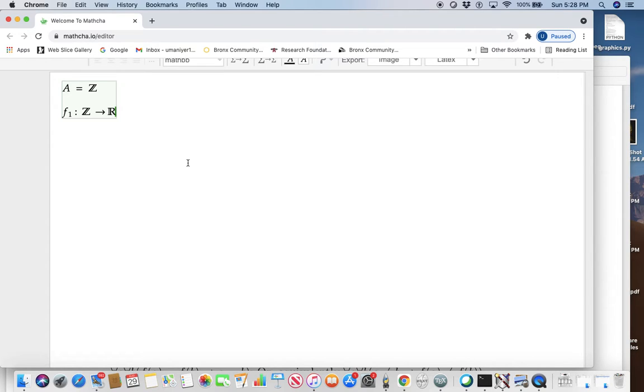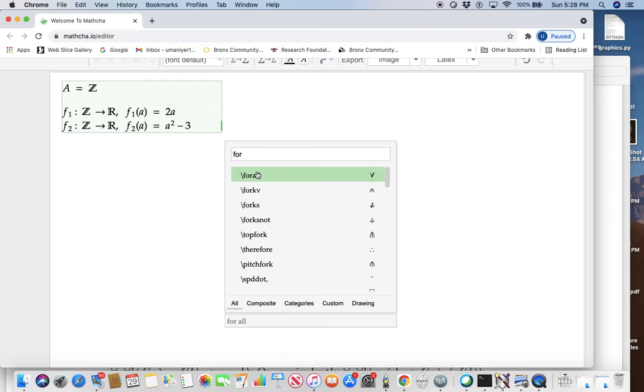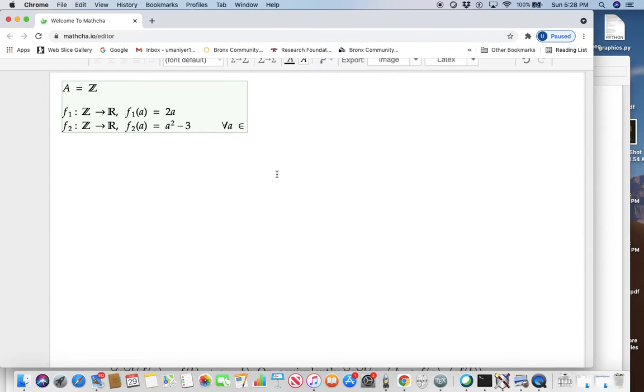Likewise, f2 also be a function from the set of integers to real numbers. How do we define these? Suppose f sub 1 on any integer a is 2a, and suppose f sub 2 on any integer a is a to the power 2 minus 3. So this is how we define f1 and f2 for all a in the set of integers.